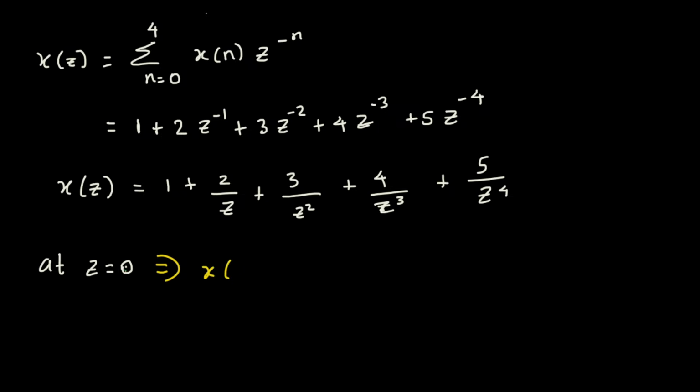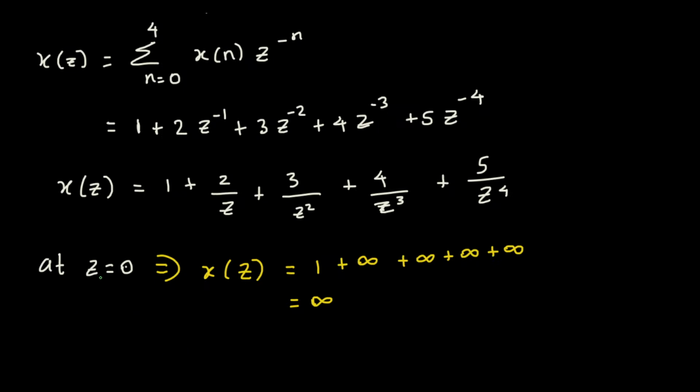If you divide any number by 0, that's going to be infinity. So we are going to have 1 plus infinity plus infinity plus infinity plus infinity, and the answer is going to be infinity. But the region of convergence cannot be infinity, it should be a finite number. So at 0, the region of convergence doesn't exist.